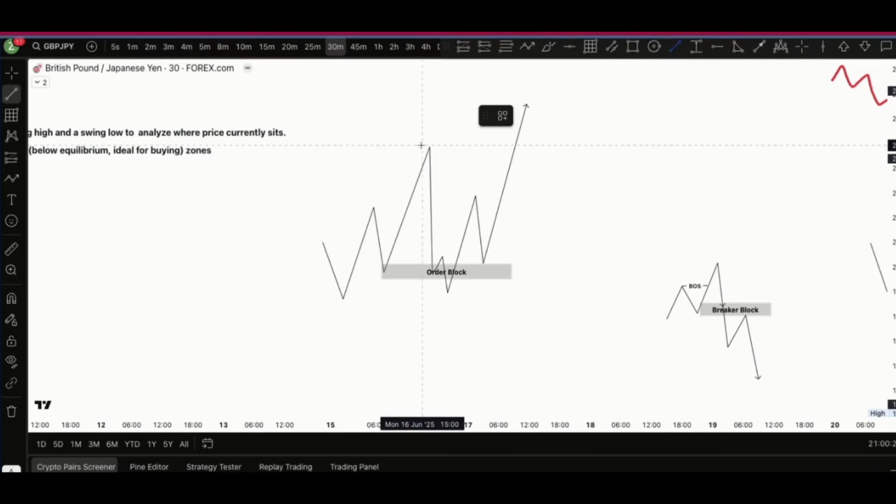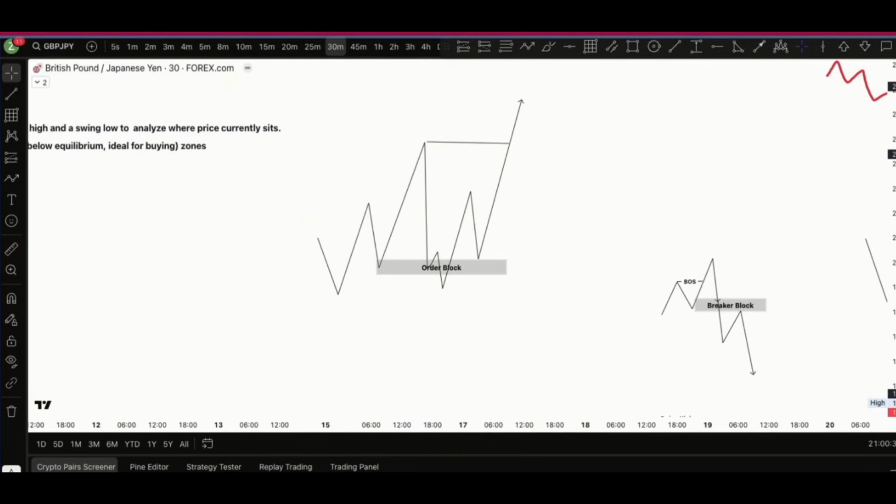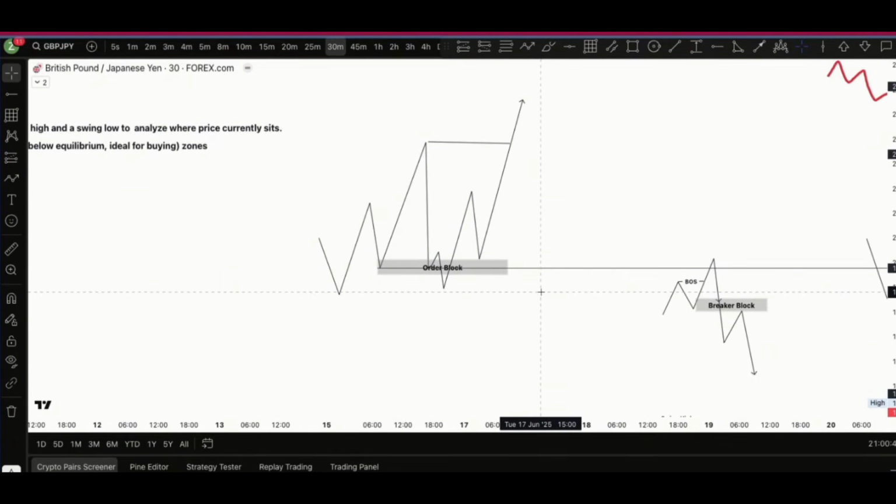Why does this happen? Assuming price is at this zone, the smart money or the institutions do not want to afford it. Let's just use Bitcoin as an example.